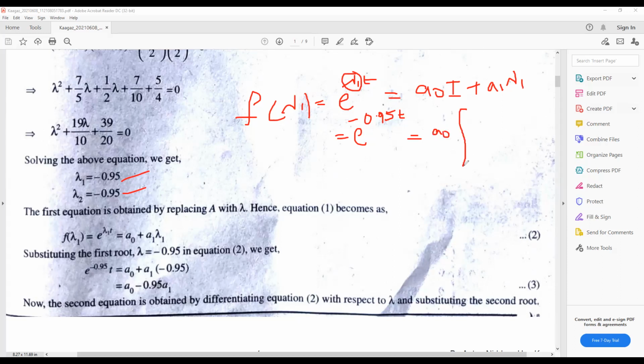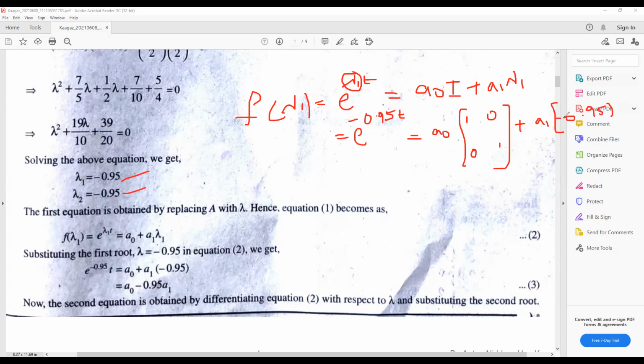So the identity matrix is also 1 0 0 1, plus a1 into lambda 1. What is the value of lambda 1?